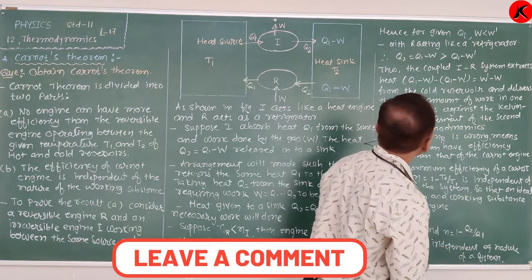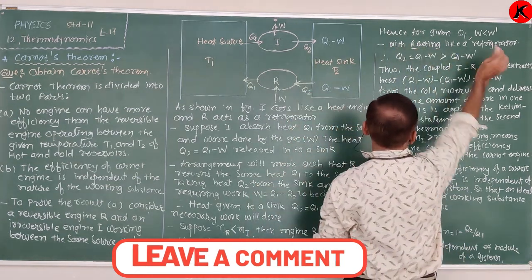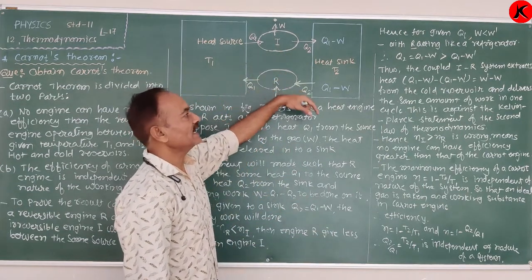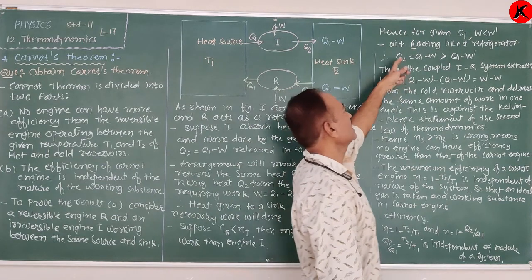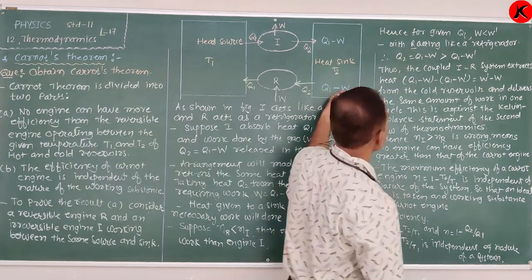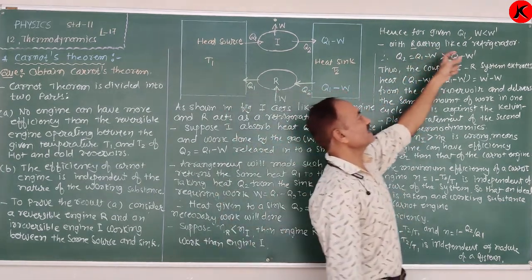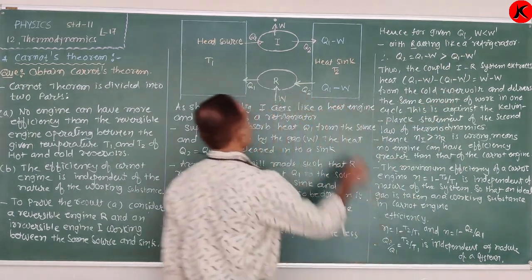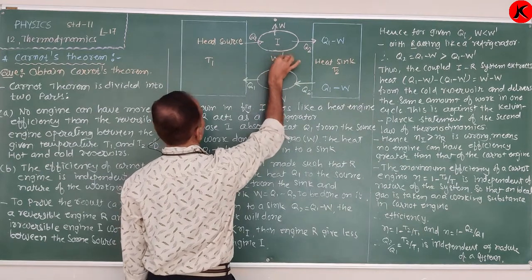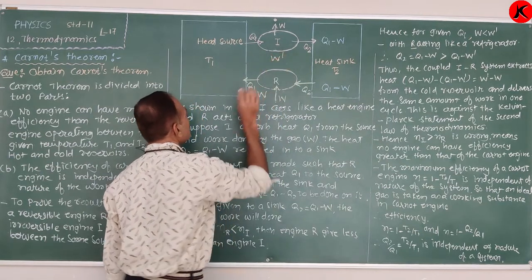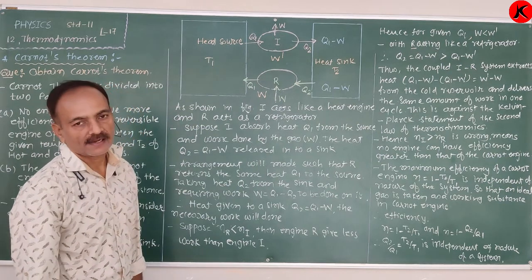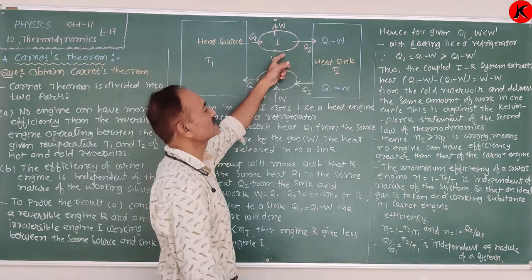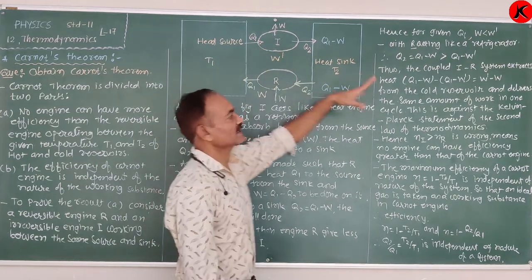With R acting like a refrigerator, and I acting as a heat engine, Q2 is equal to Q1 minus W, which is greater than Q1 minus W dash. Here W dash is the work done by the irreversible engine, and W is the work done by the reversible engine. So Q1 minus W is greater than Q1 minus W dash.